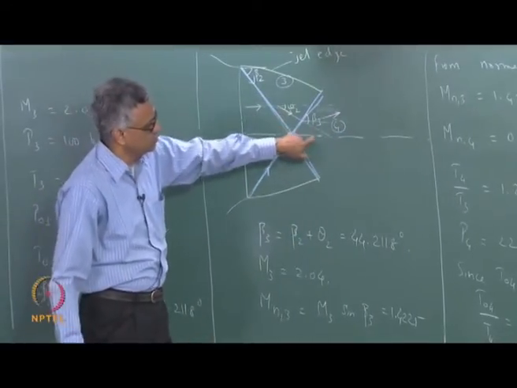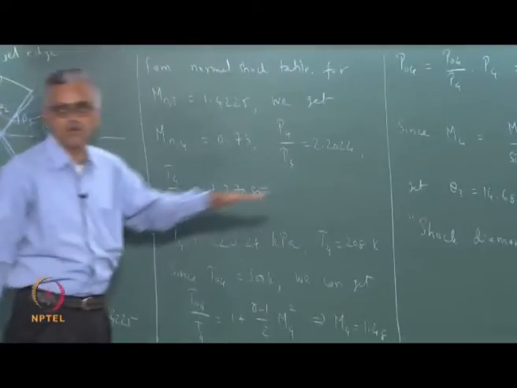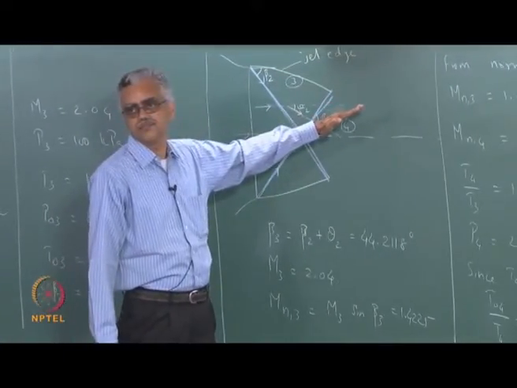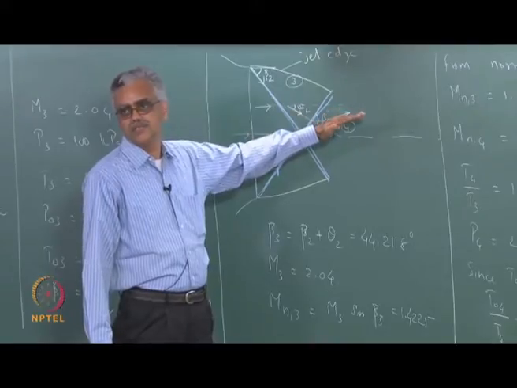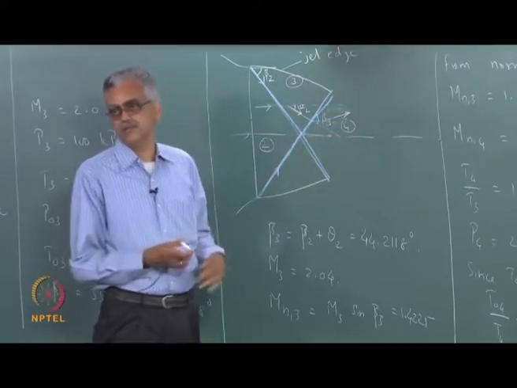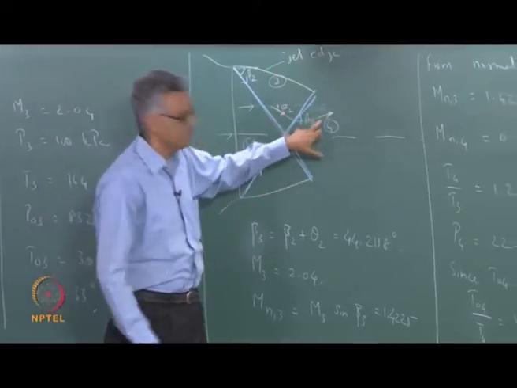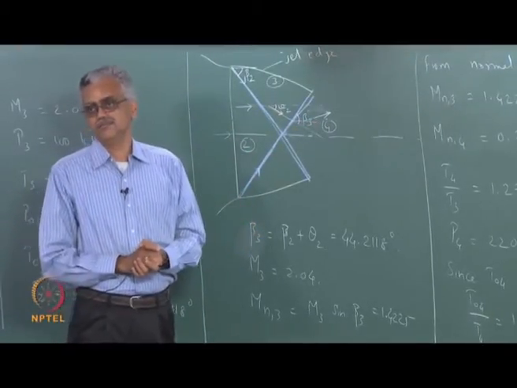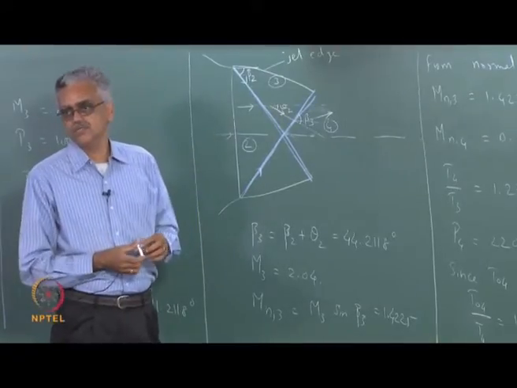So from this theta to 11 point something degree would have brought me to the horizontal. Now I have over corrected, so I have gone to this side, which means I need to do something to bring it back. But it is not the velocity that I want horizontal, I want the pressure to be equalized. Okay, that is the most important consideration.